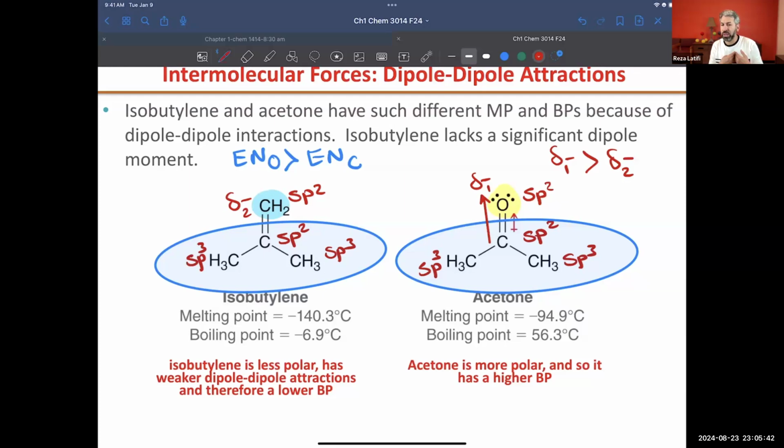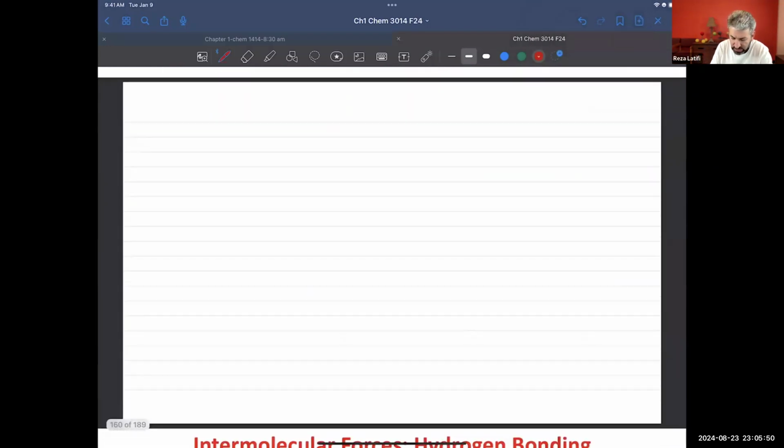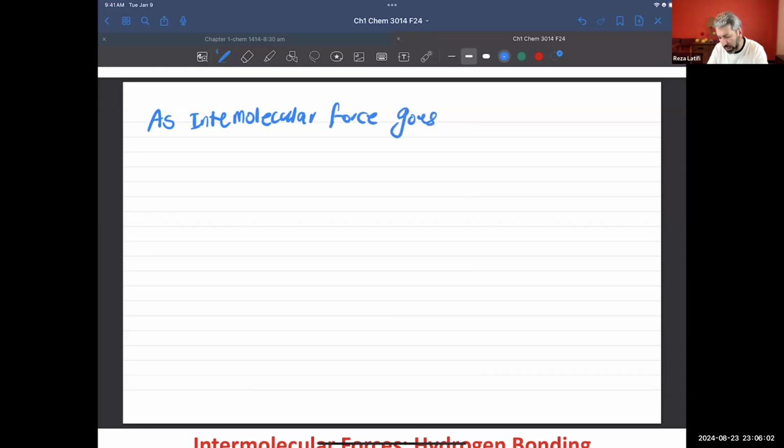That means I'm going to wait longer until I melt it or boil it. So let's write it this way: as intermolecular force goes up, delta H goes up.